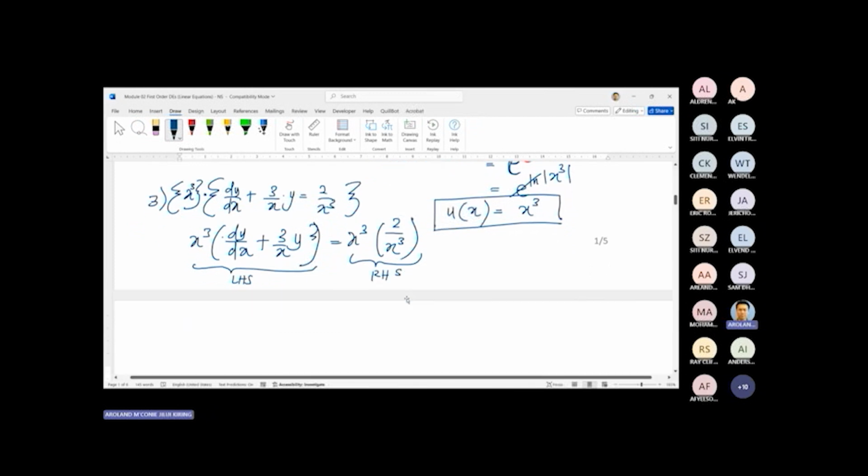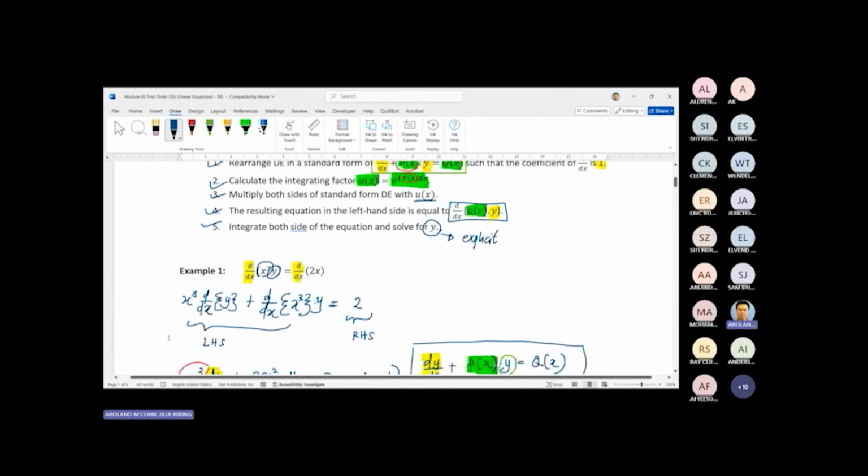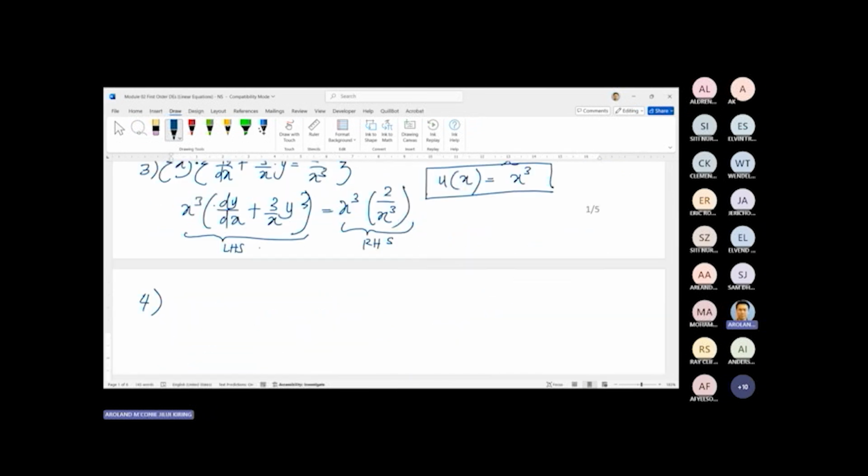If you read step number 4, it says the left-hand side of the resulting equation is equal to the derivative of your integrating factor multiplied with your function y. So your left-hand side simply becomes this: d over dx of the product of two components, where the first component is your integrating factor, x to the power of 3, and the second component is y.